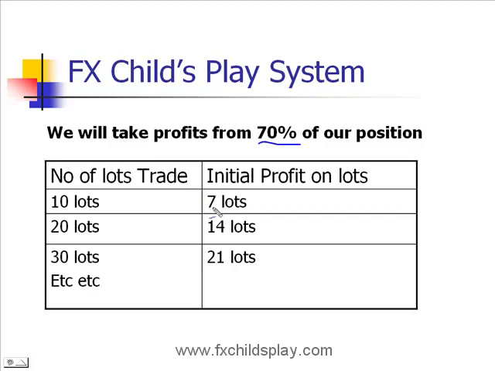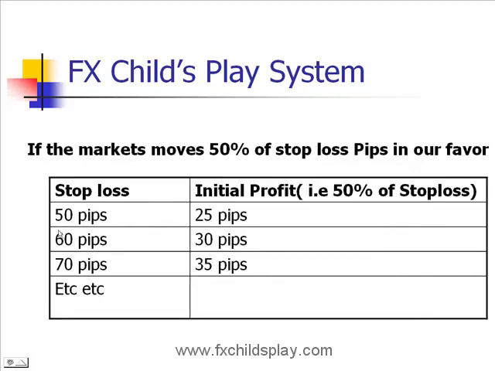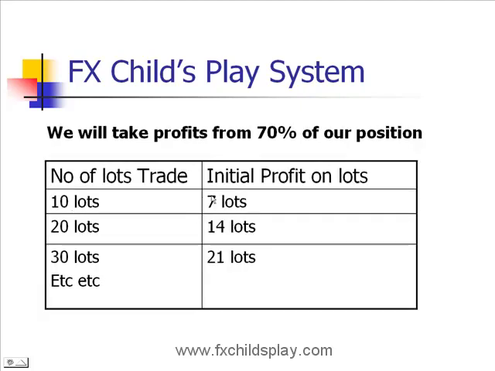So as soon as we get the profit target achieved, remember, here we put the stop loss at 50 pips, and as soon as we get 25 pips, we will take the 7 lots off. And if we traded 20 lots, then we will initially take profits from 14 lots, and so on.